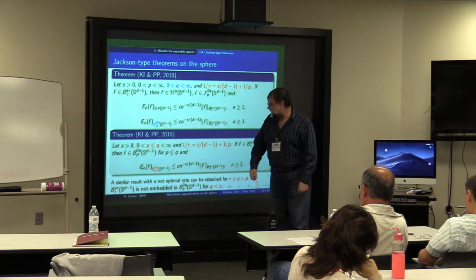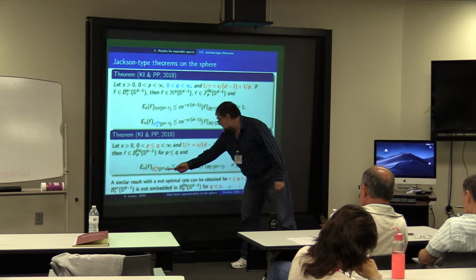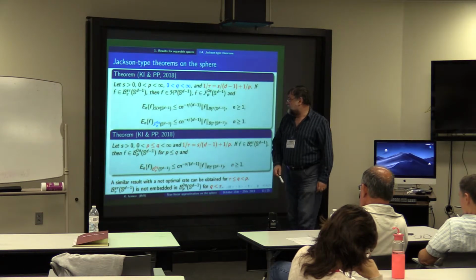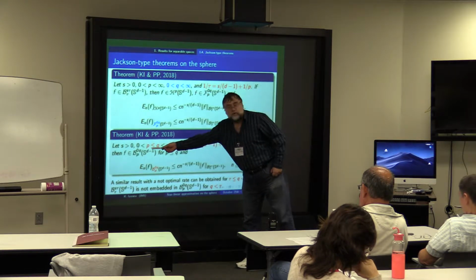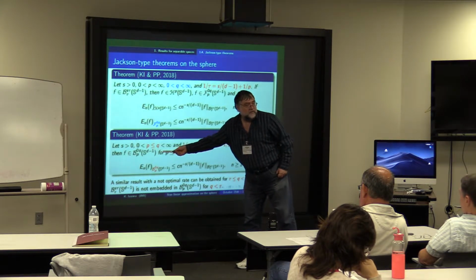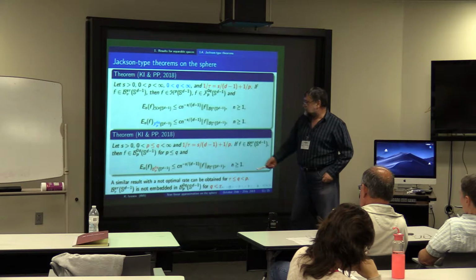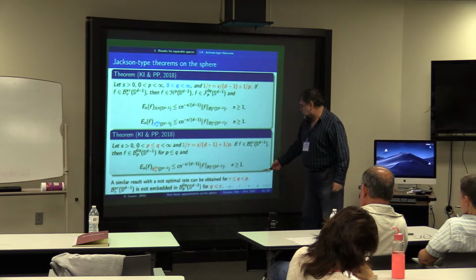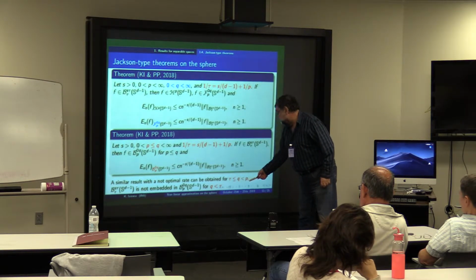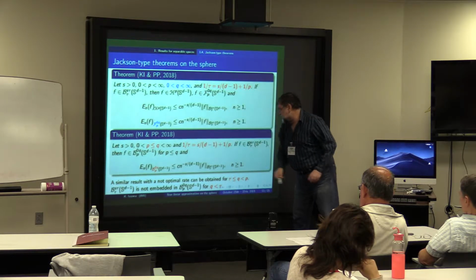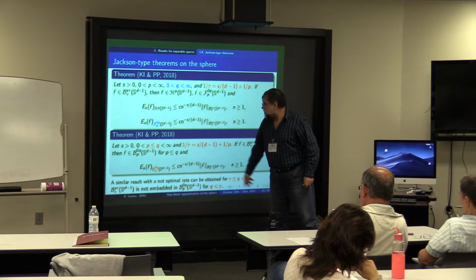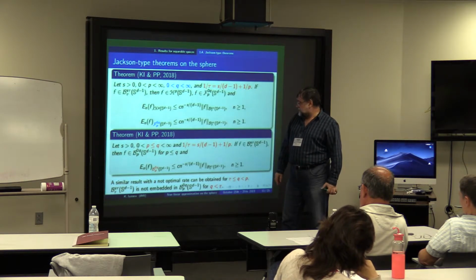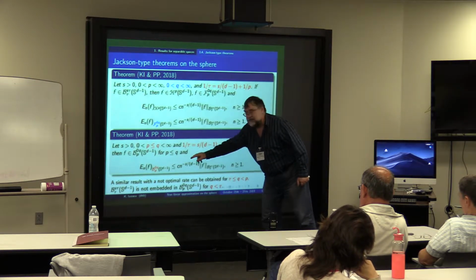So, for the Besov space, you also have such a Jackson type inequality, but only for q bigger or equal to p. When you go down for q between tau and p, tau is given here, you also have a similar Jackson type estimate, but the order here is not optimal.